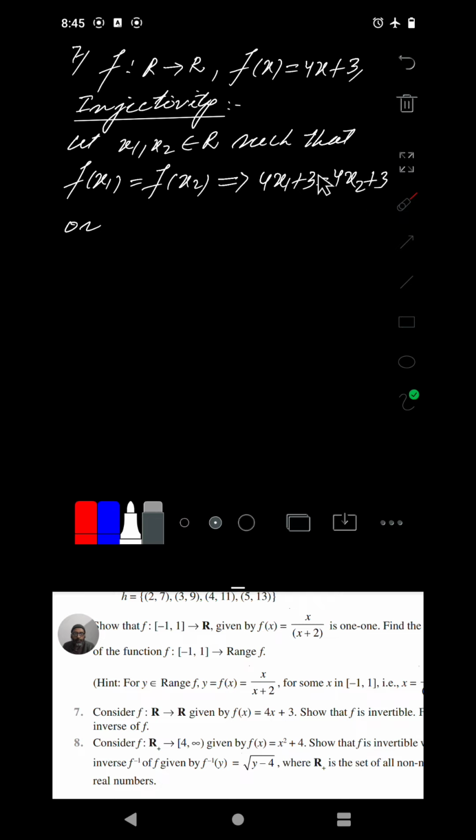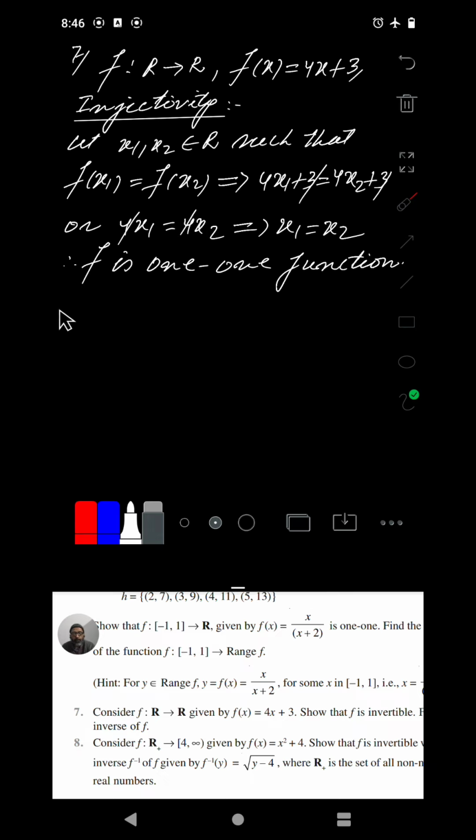Cancelling 3 from both sides, we are left with 4x1 = 4x2, and here 4 is cancelled by 4, so we get x1 = x2. So ultimately f(x1) = f(x2) yields only one relation between x1 and x2, which is x1 = x2. So the criteria for one-oneness is satisfied. So we may say that f is a one-one function.